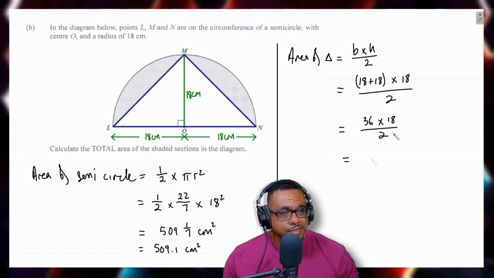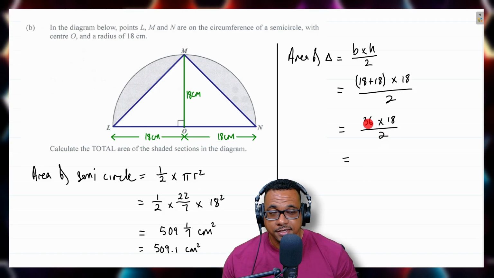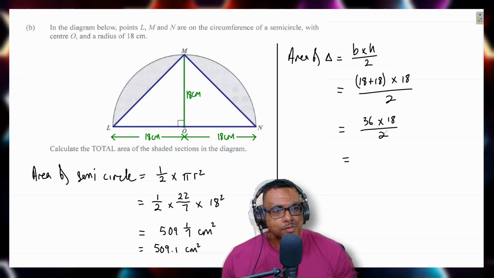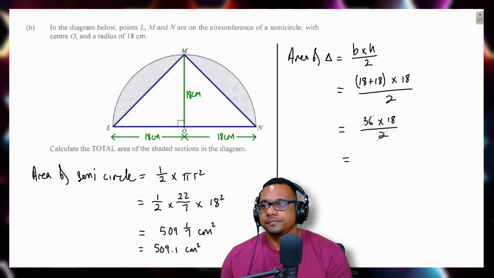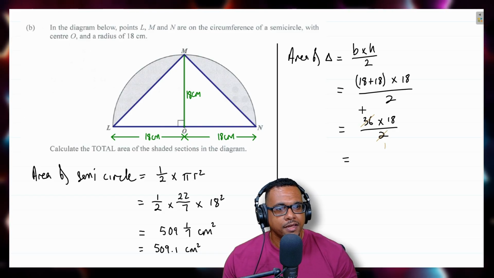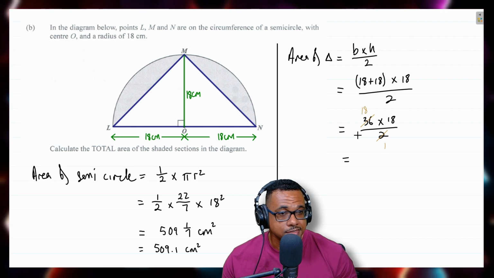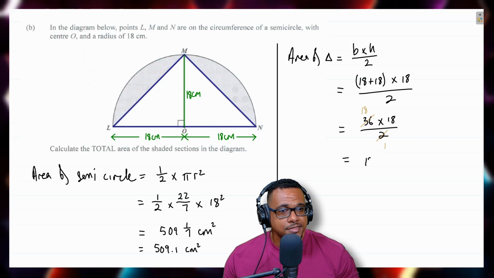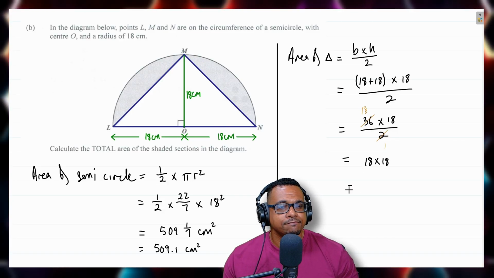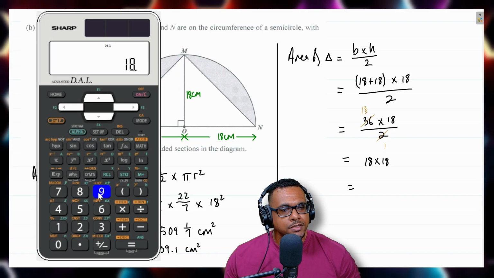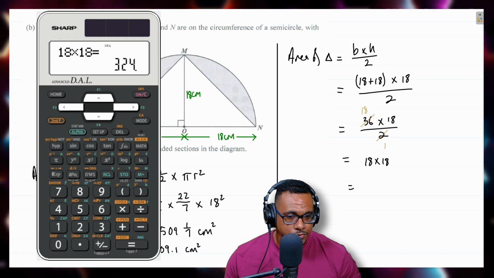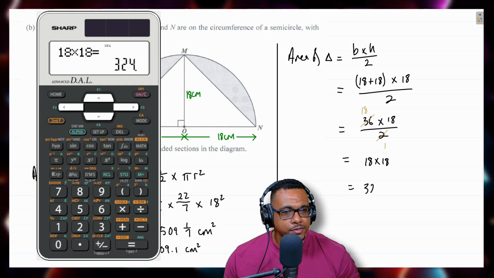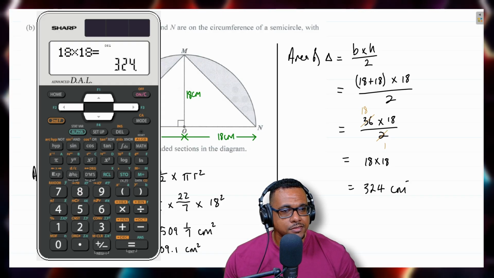And you could do this on the calculator, but you could cancel the 2 with the 36 and get 18. So canceling 2 with 36, I'll get 1 here, and here I'll get 18. So what I'll end up with is just 18 times 18, which is 18 squared. So 18 times 18 is equal to 324. So we have 324 centimeters squared.